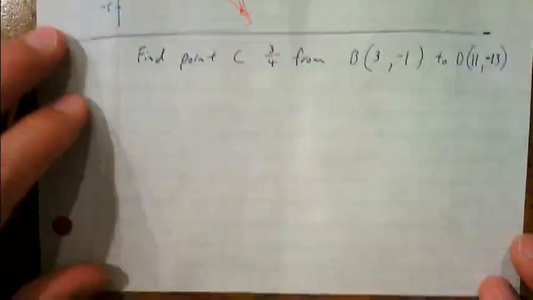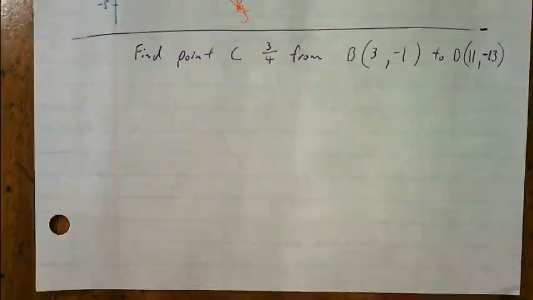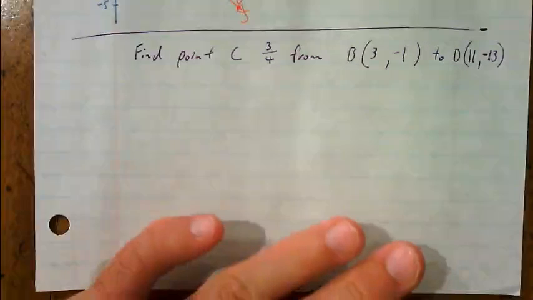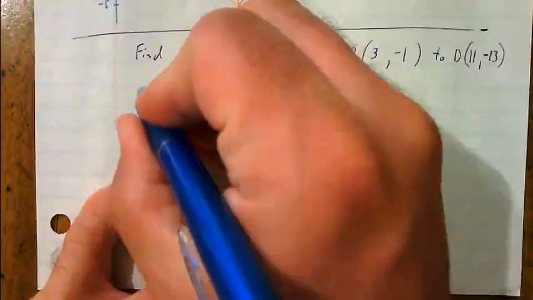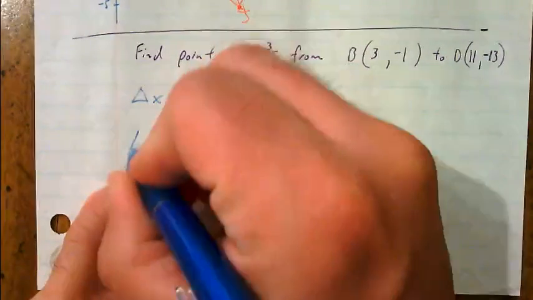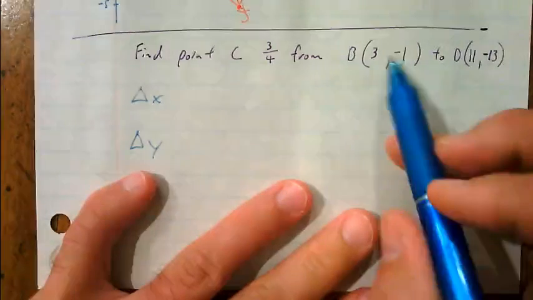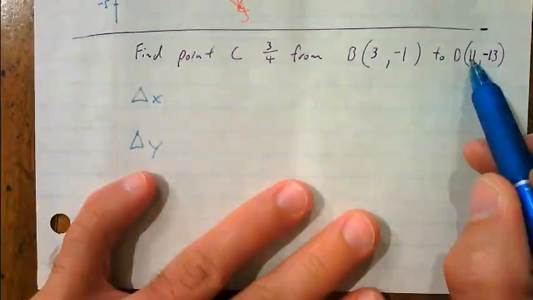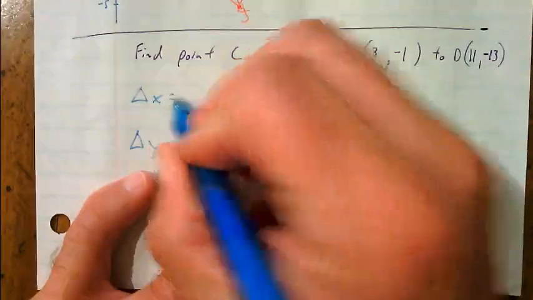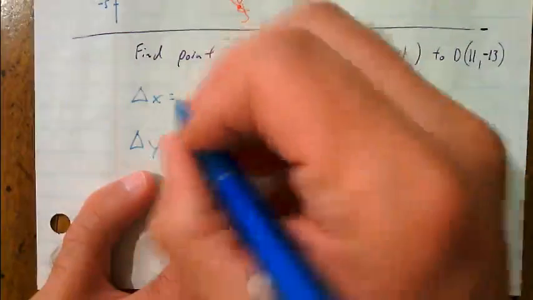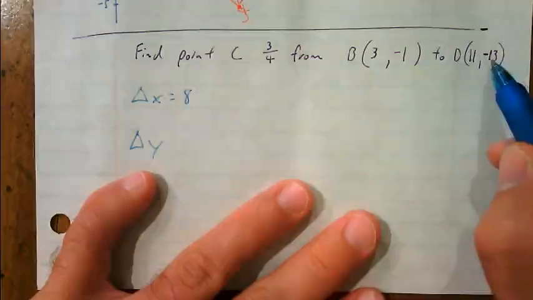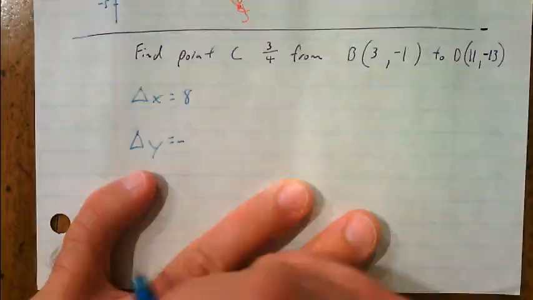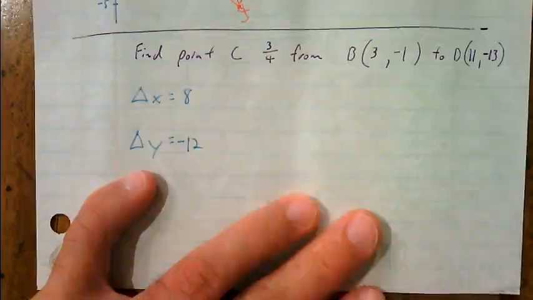Again, I'm going to show a very small amount of work this time. Looking at this, I'm finding the change, so I'm not showing all my steps. The change in x, the change in y. From here to there, I go a positive 8 units. From -1 to -13, I go -12 units.